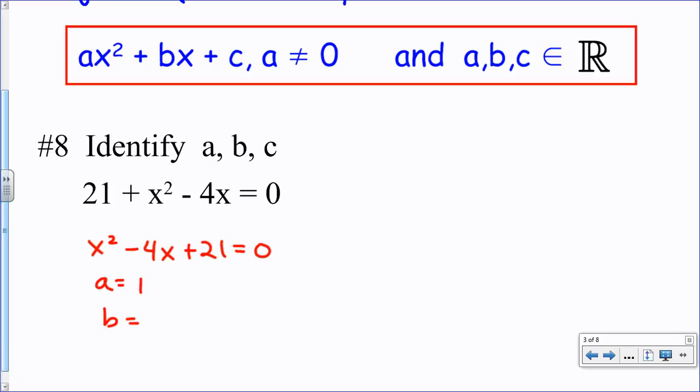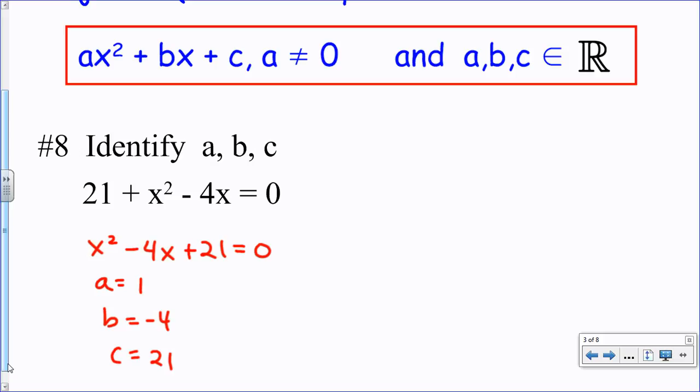B is the coefficient of x, so that would be negative 4, and then C is the constant, 21. Yep, that's all. So that's just getting us ready. We're going to be doing quadratic formula tomorrow. We're going to do that in tomorrow's section, but we have to know A, B, and C to do that.